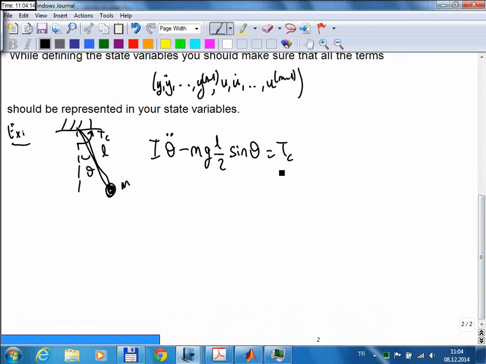So this is my input, and for this system m is equal to 0 and n is equal to 2, right?